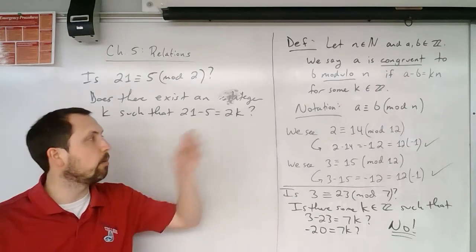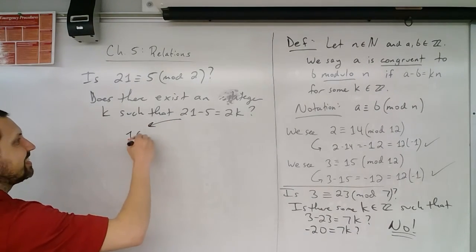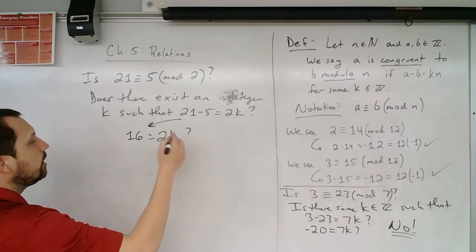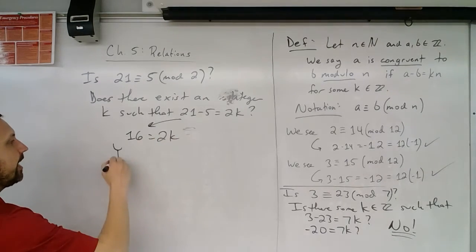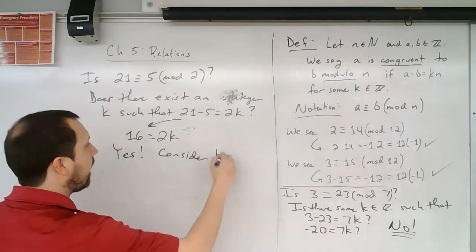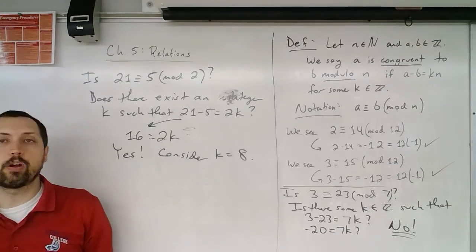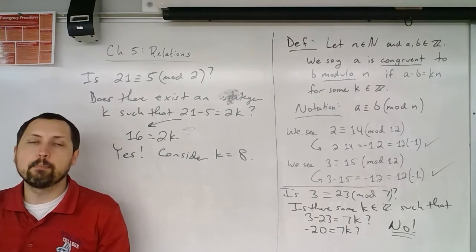So is there some choice of k? Well, this statement here, this is saying 16 is equal to 2k. Does there exist an integer k? Well, yes. You could now consider k is equal to 8. So this statement is true. 21 is congruent to 5 mod 2.